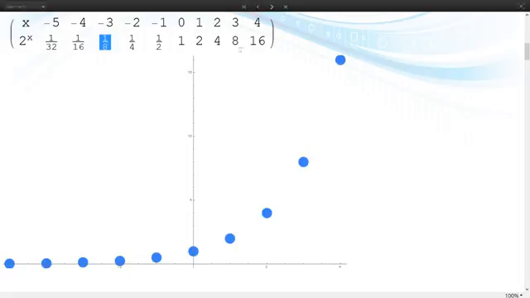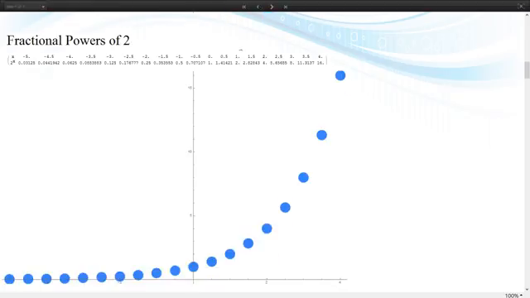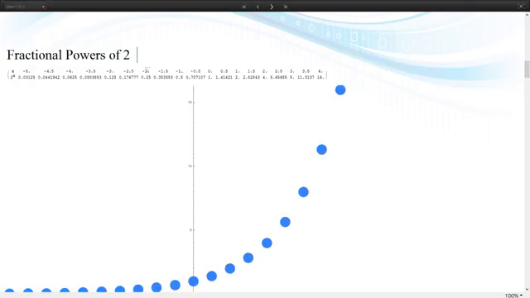And now we come to fractional powers. So we want to have a nice consistent definition for what it means to raise a number to a fraction. So 2 to the, let's say, 1/2 power should be a number so that if we were to square this, we should get back 2.